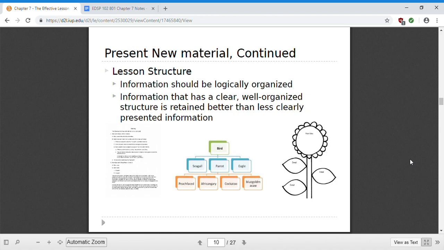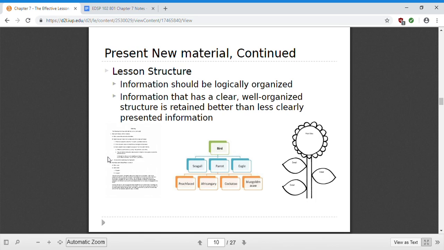There are several ways that you as an instructor can help your students organize information so that it's better able to be retained in their brain. This is very small, so you can't really see the details of it, but it is an outline form. Thinking about note-taking, you can, as an instructor, provide an outline of the lesson for your students to help them follow along and make the information you're presenting meaningful and classify it.